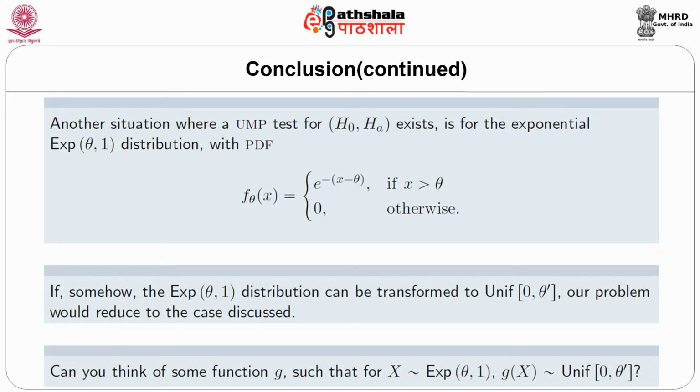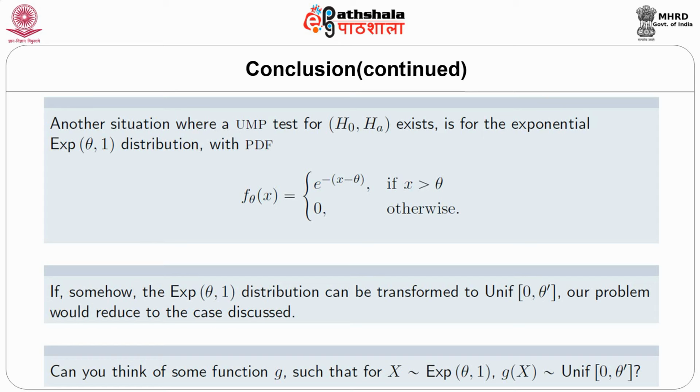How can we solve this? You can solve it using the Neyman-Pearson lemma directly, or if somehow the exponential distribution can be transformed to a uniform 0 theta prime distribution, then our problem would reduce to the case discussed.